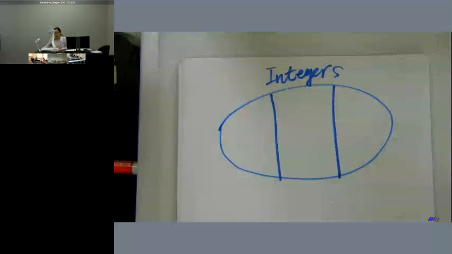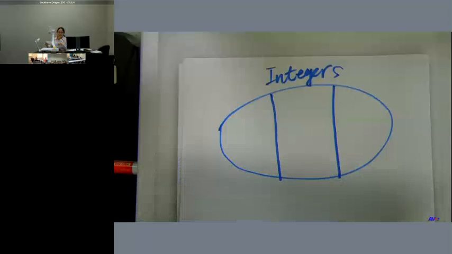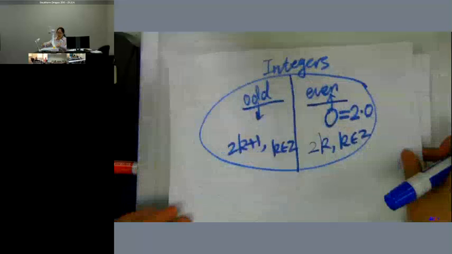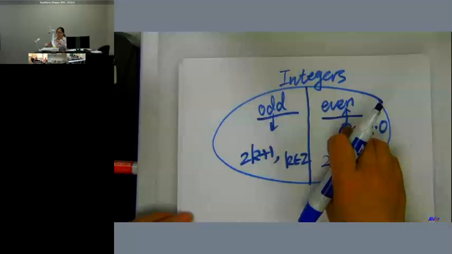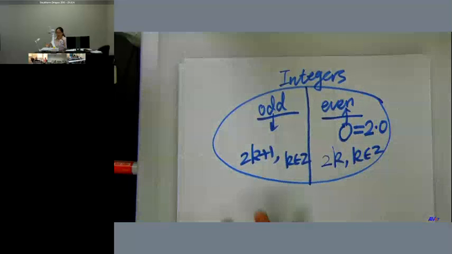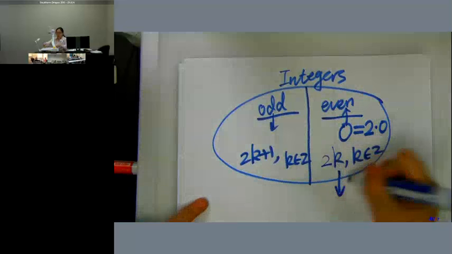So, any other way besides even and odd? Does anybody have any idea? If not, we go back to look at this one more time. So we're going to take a different view at these. Instead of calling them even numbers, there's a different way to call even numbers.